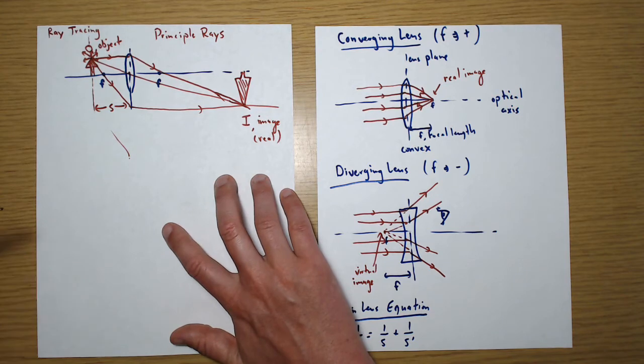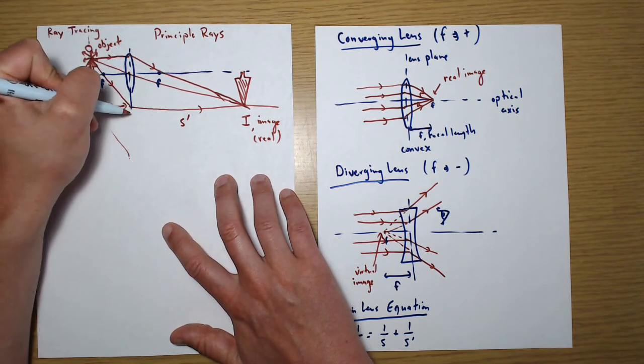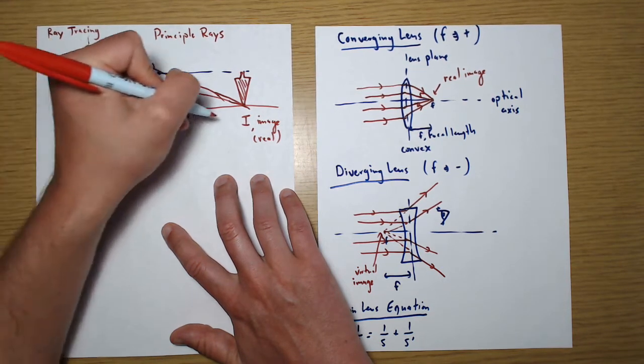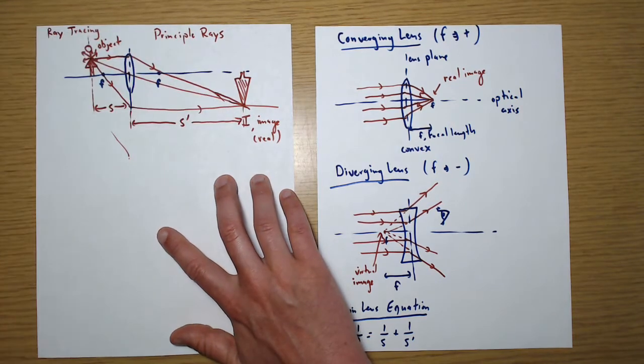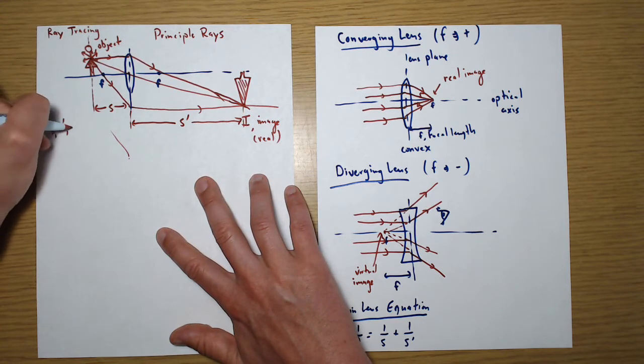So the distance I call S prime, and that's the distance from the lens plane to the image. And in this case, I have S, S prime, and F all positive.